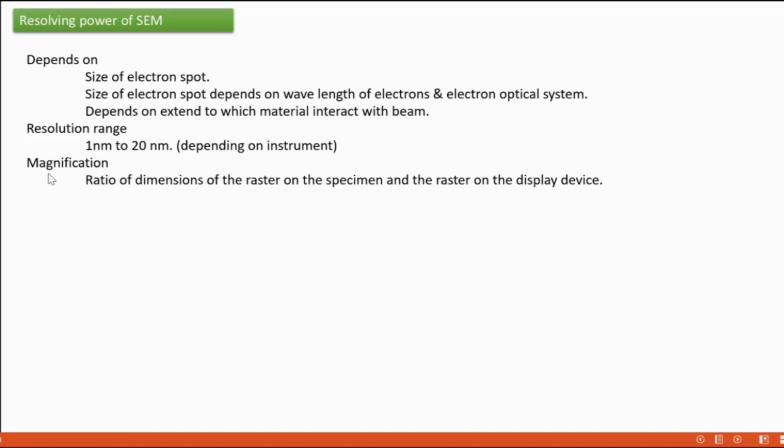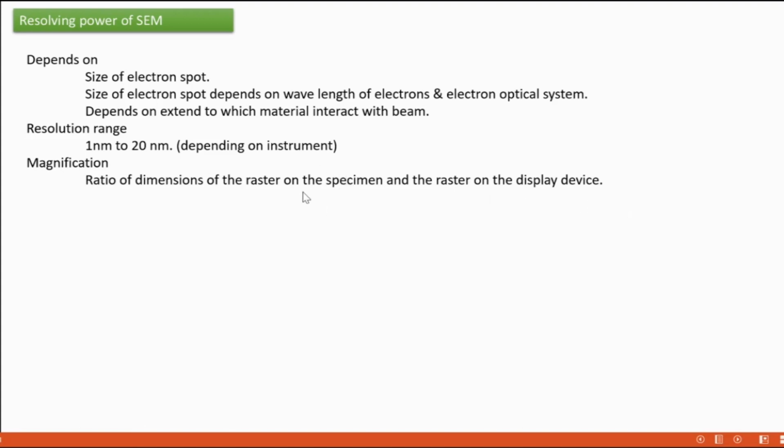Next is about the magnification of SEM. The magnification of SEM mainly depends on the ratio of the dimension of the raster on the specimen and the raster on the display device.